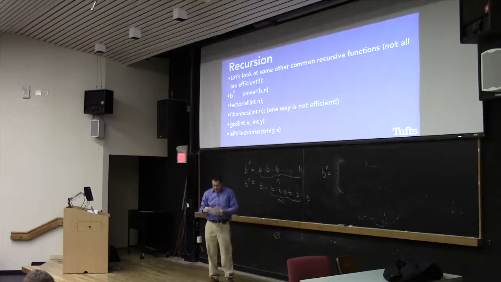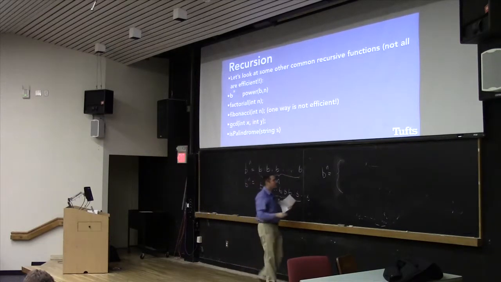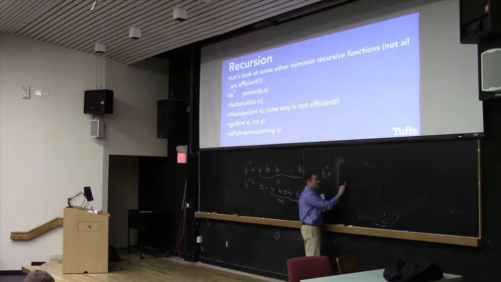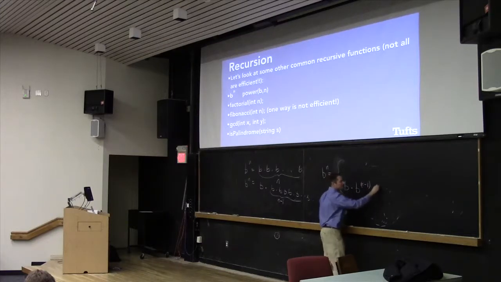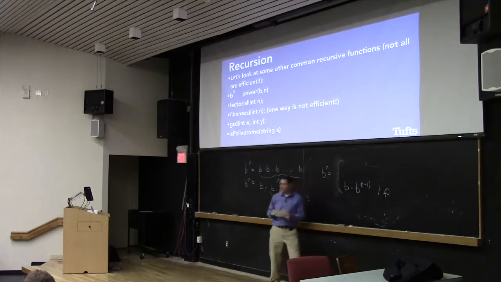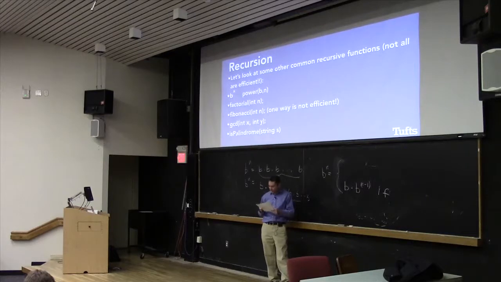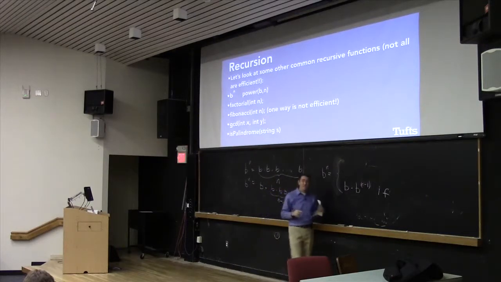All right. So b to the n, we could write the following. We could say it equals b times b to the n minus 1 if n is greater than 0.